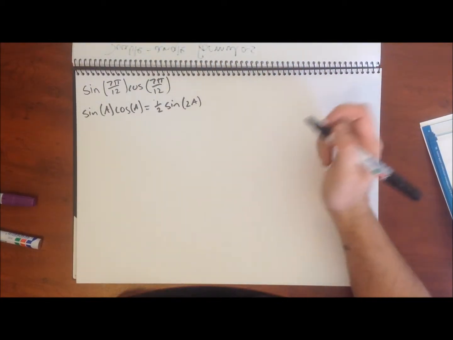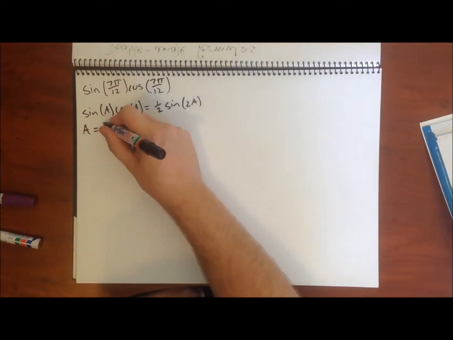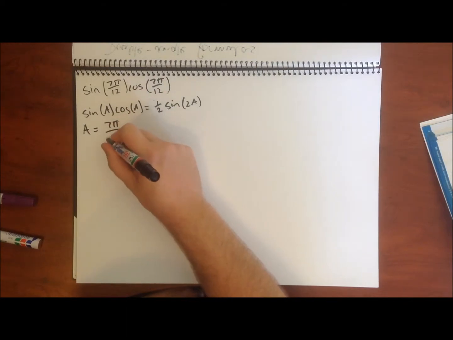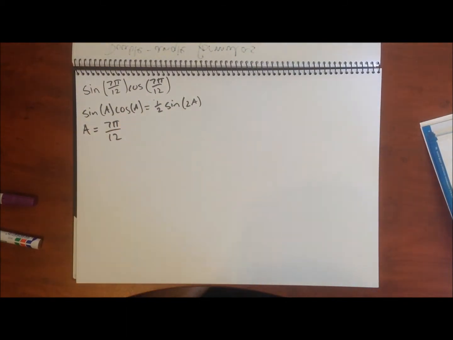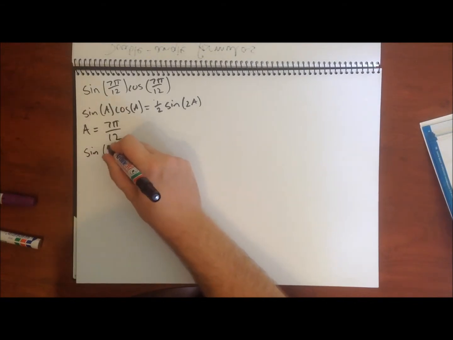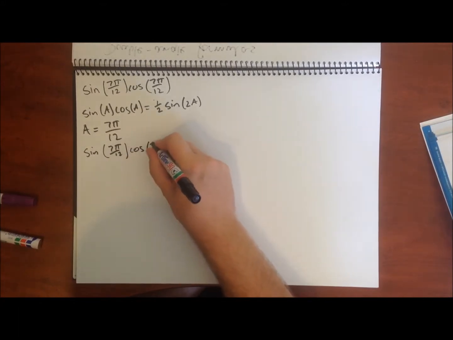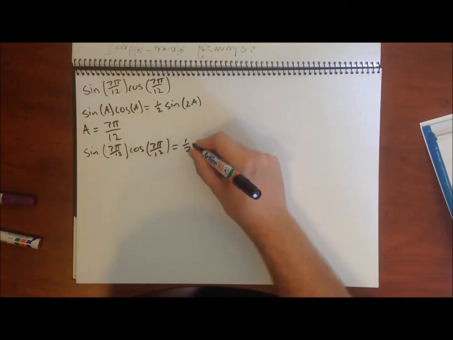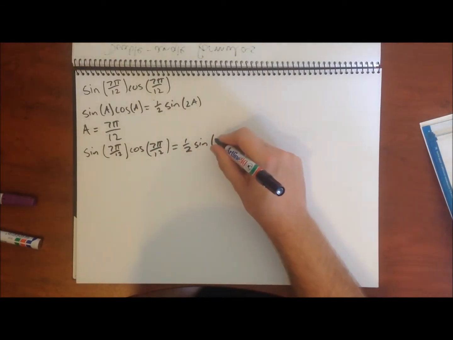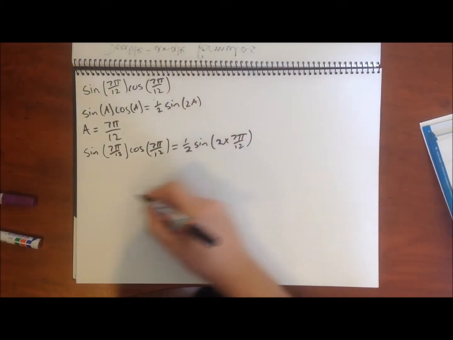Okay, so we also know that a is equal to 7 pi on 12. So we sub those values in, so we get sine of 7 pi on 12 cos of 7 pi on 12 is going to equal a half times sine of 2 times 7 pi on 12.